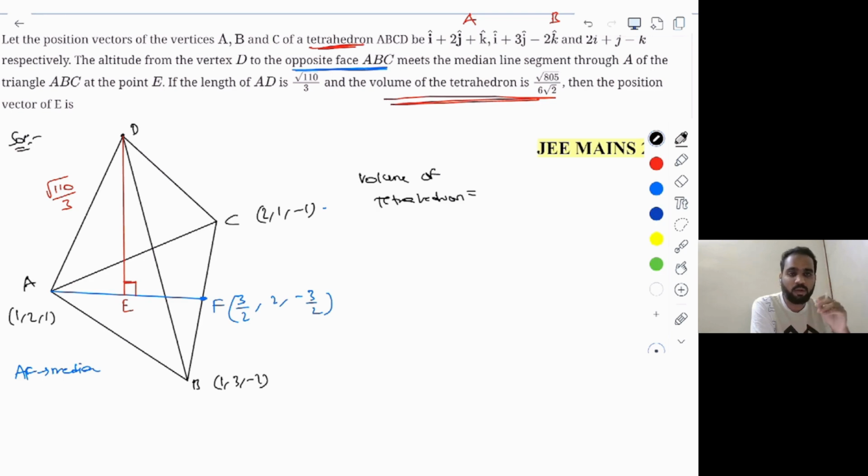That is why we are going to use the basic formula of a tetrahedron. What is the basic formula? It is 1 by 3 times the area of the base multiplied by the height h. This is the basic formula for any tetrahedron, that is, any pyramid also basically, which is 1 by 3 into the area of the base multiplied by the height h.